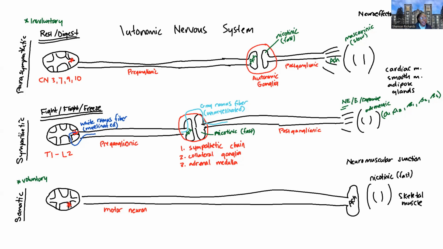So the fibers are arising at the ventral horn in the somatic system, arising at the lateral horn in the autonomic divisions, but in both instances, both the somatic and the autonomic, they're all going to exit through the ventral root, which is leaving the spinal cord through this emerging root here. All right, so they all exit through that ventral root, but they are arising from different places on the spinal cord.